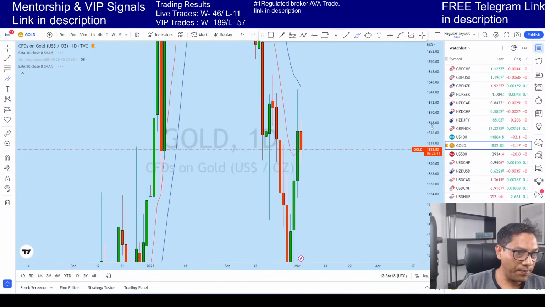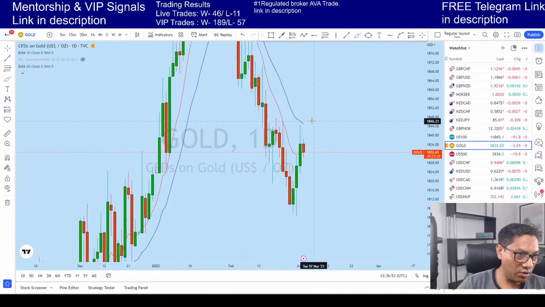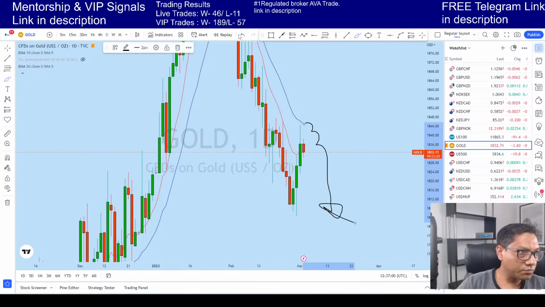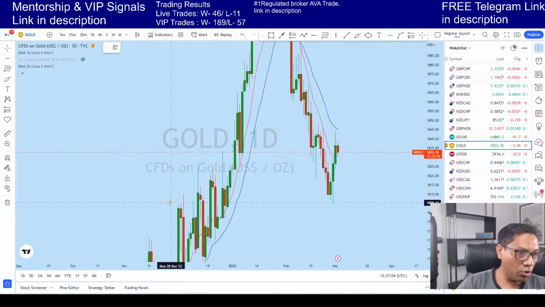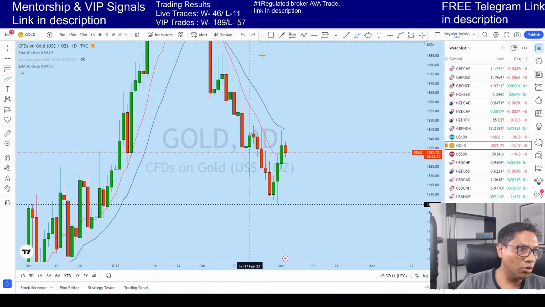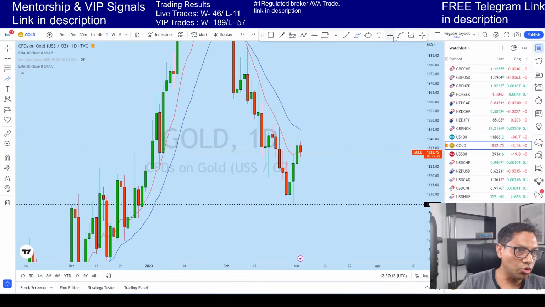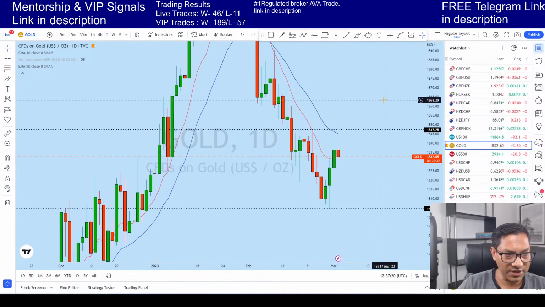From the daily perspective, it is highly likely that gold might go up, test this daily 20 EMA and then return back, because when the price normally bounces from monthly support, and this is a monthly support, it normally breaks the local structure. The local structure on the daily, the previous swing high, is this one. This is the previous swing high on gold, which is the 1847 level.